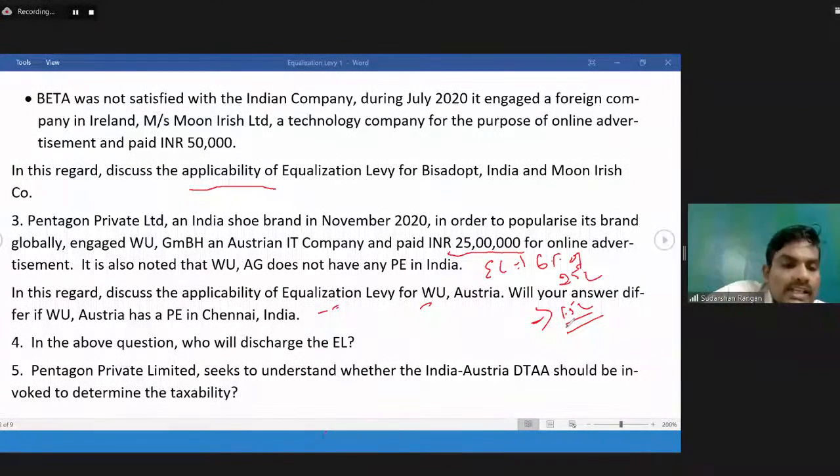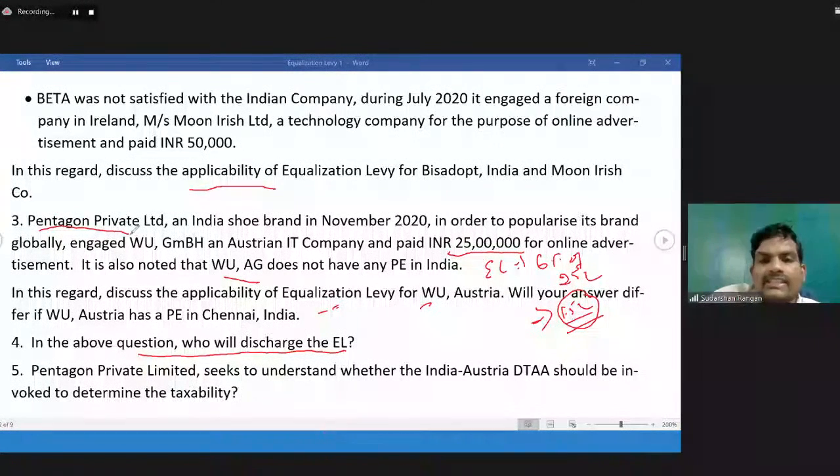Now go to the next question. Who will discharge the EL? So the question is, will the non-resident, that is, will WA Austria pay this 1.5 lakhs, or will it have to be paid by Pentagon, the Indian company?